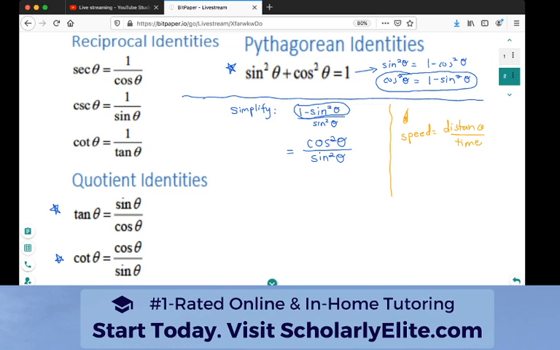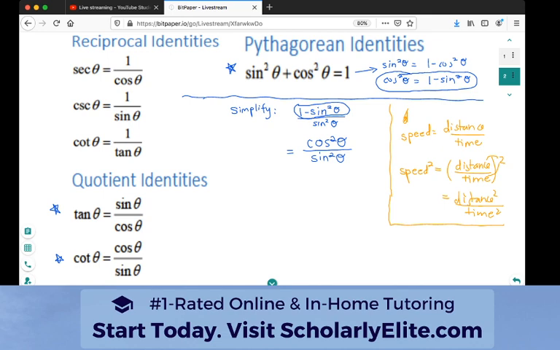Then it would logically make sense for speed squared to be equal to distance over time squared. And another way to write that would be distance squared over time squared, because of that product rule that still applies, just like we learned in grade 9.